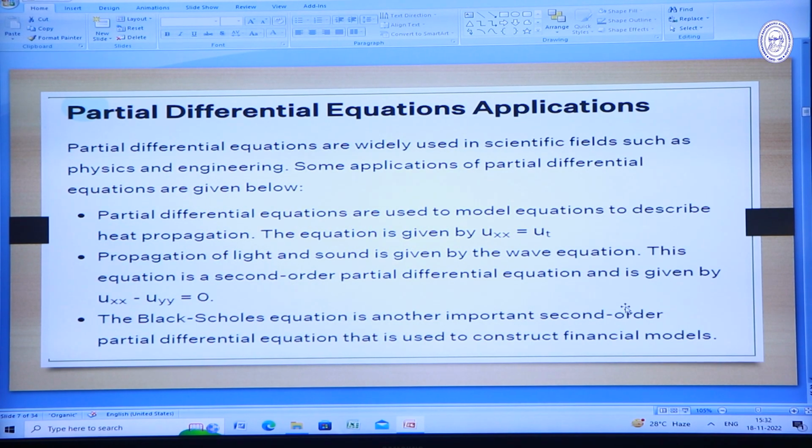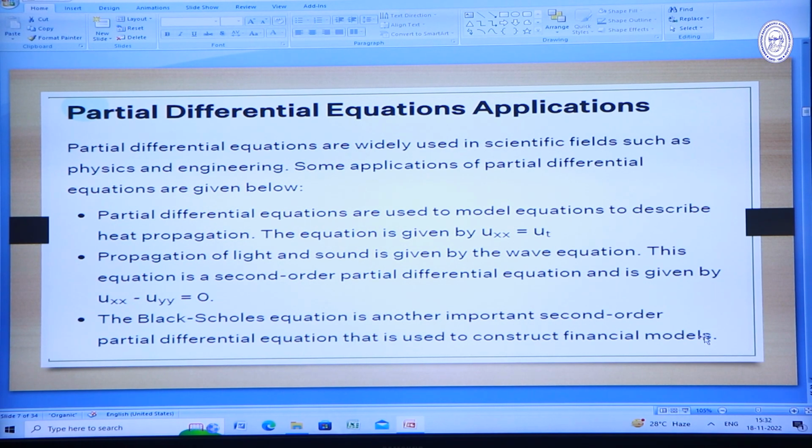Partial differential equation application. Partial differential equations are widely used in scientific fields such as physics and engineering. Some applications of partial differential equations are given below. Partial differential equations are used to model heat propagation. The equation is given by Uxx equal to Ut.